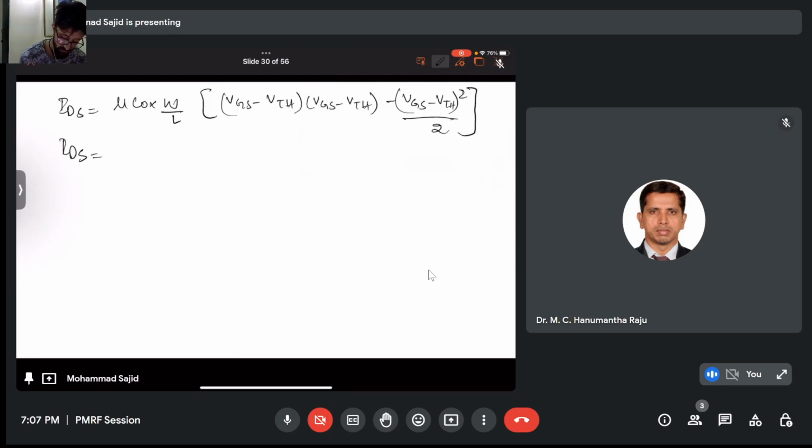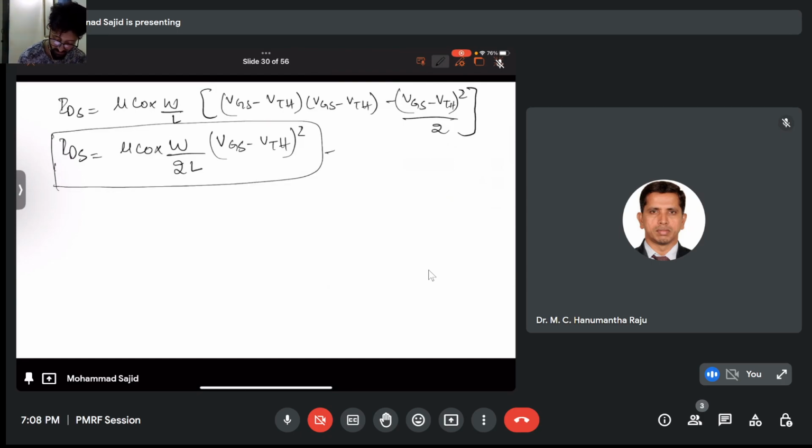So your IDS will be equivalent to mu Cox W by 2L, because this is square, 1, (VGS minus VTH) whole square. This is for the case when the device is in saturation, and in most of the questions you will see that we will use this equation.